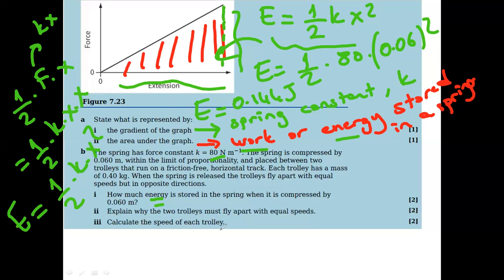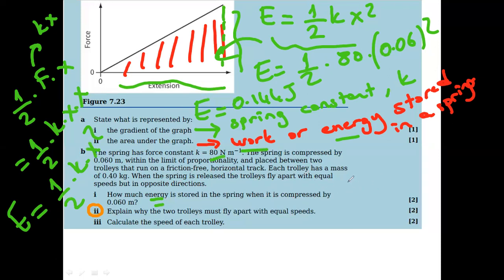Okay, next question. Let's do the next one. Next one is this: explain why the two trolleys must fly apart with equal speeds. So let's read the question again. The spring is compressed by 0.06 meter within the limit of proportionality and placed between two trolleys.